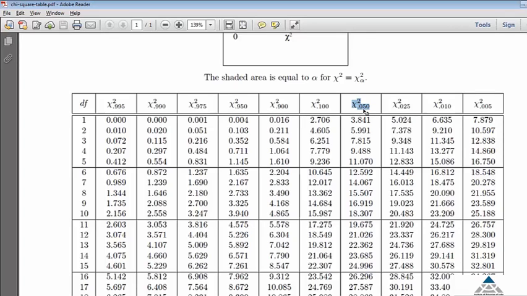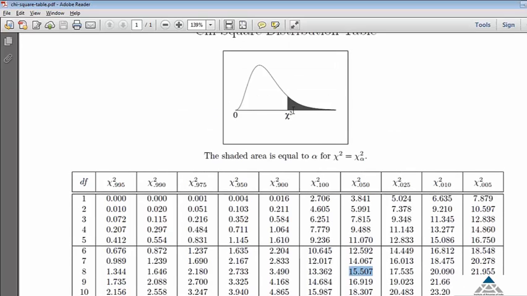So at 5% level of significance, we check for the value corresponding to 8 degrees of freedom, which comes out to be 15.507. Therefore, the calculated value is greater than the tabular value. Hence, we reject the null hypothesis. This means that the sales trend of the store does not match the sales trend of the population, and hence this is not a good fit.